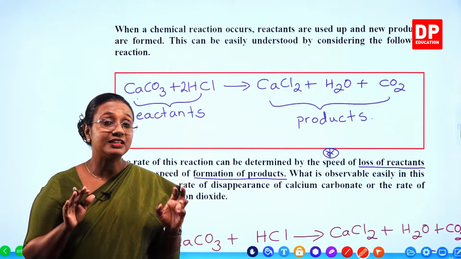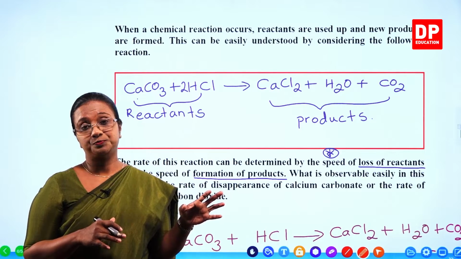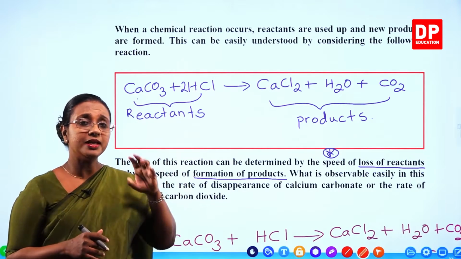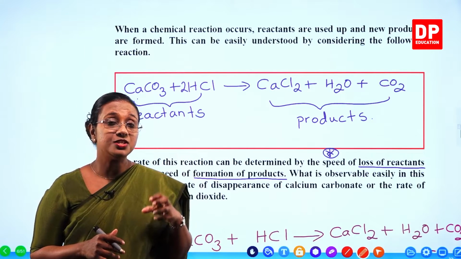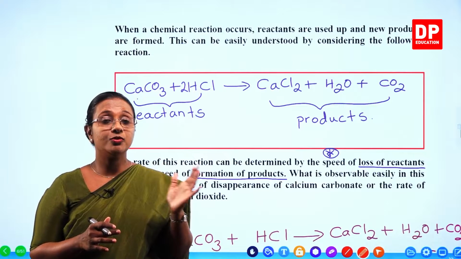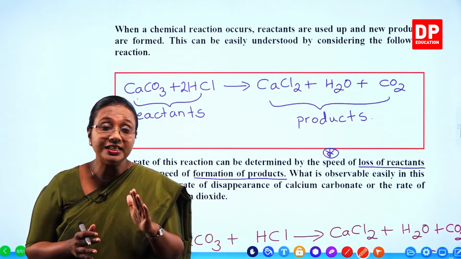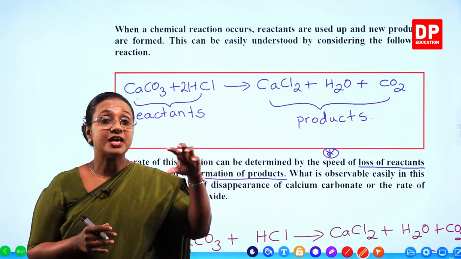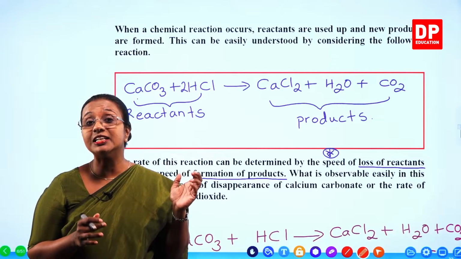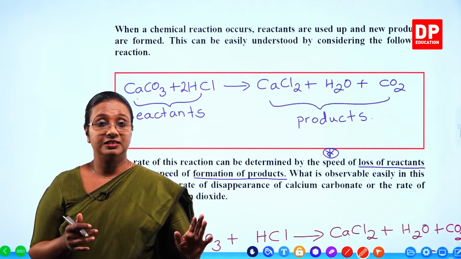But we select a factor that is more easily observable. It is very difficult to observe the calcium carbonate dissolving. You see it is dissolving, but with time, you can't really say this much has dissolved. You can't measure it quantitatively, because as you pour HCl on the calcium carbonate, it keeps on reacting.